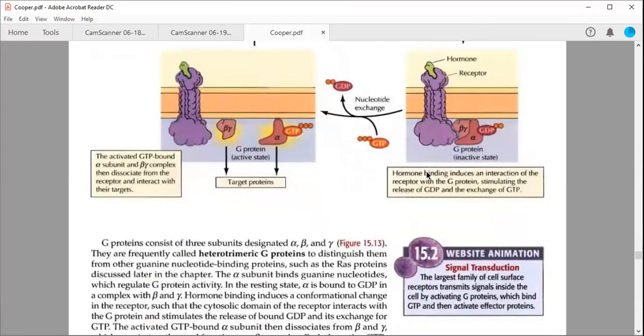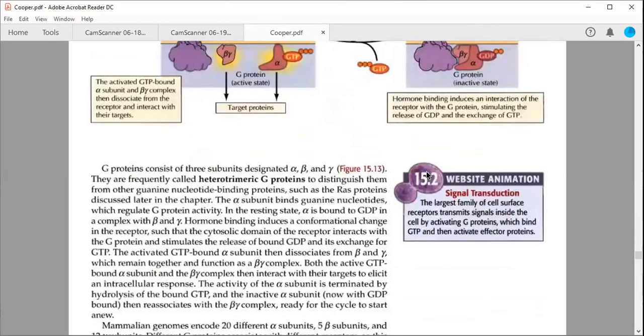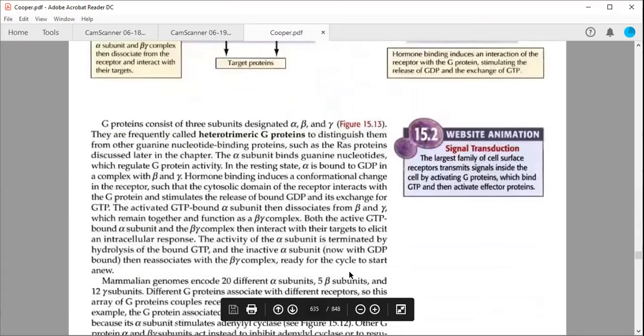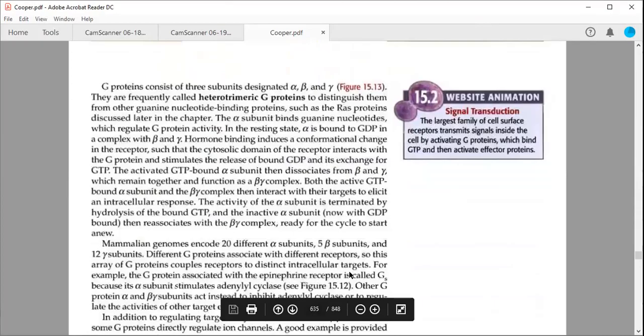Now we have discussed everything from this particular section. The next thing I want to tell you is about these trimeric G proteins, alpha, beta, and gamma. In mammals, in the case of humans, these encode 20 different alpha subunits, 5 beta subunits, and 12 gamma subunits.